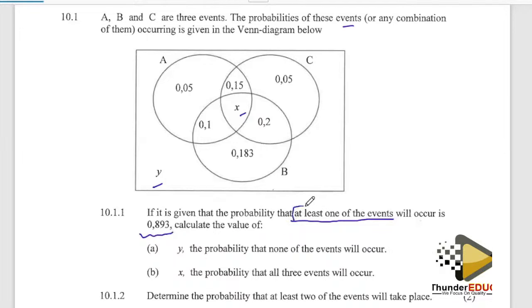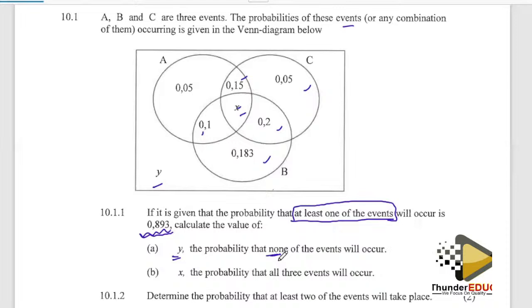When we talk of at least one event, they're telling us minimum is 1, maximum everything happening. Okay, which means if we combine everything here inside, the probability is 0.893. They want us to get the value of Y, where none of the events will happen.